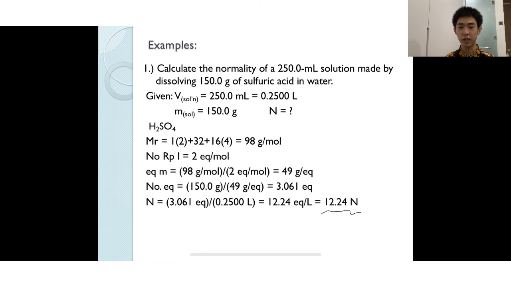Let's go to the examples. Number 1. Calculate the normality of a 250.0 milliliter solution made by dissolving 150.0 grams of sulfuric acid in water. The given are volume, which is 0.2500 liters because we convert it to liters, and mass is 150.0 grams.